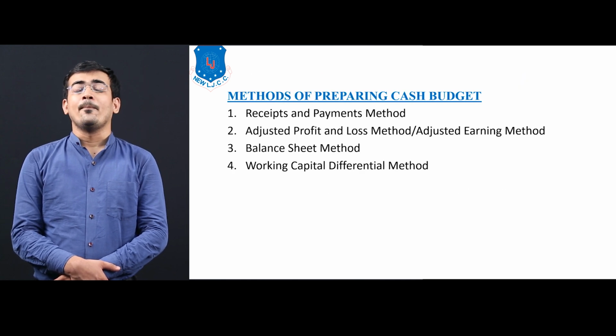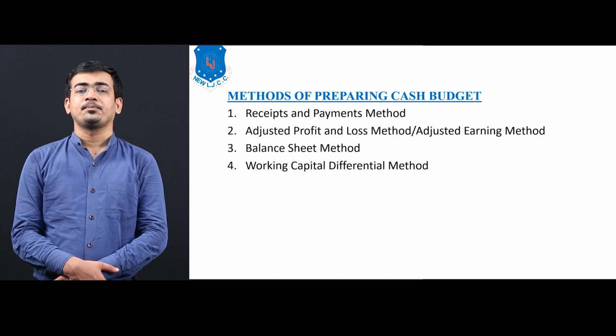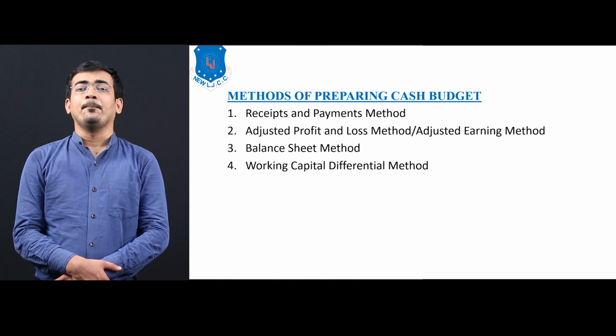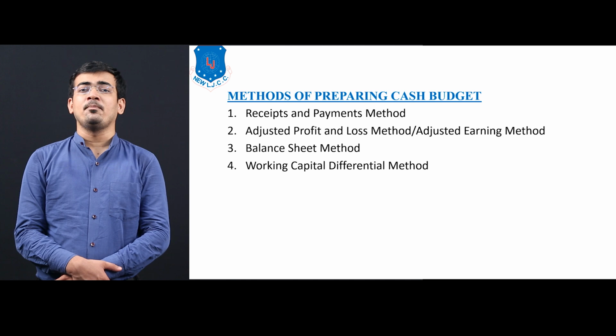There are also methods of preparing a cash budget. First is the receipts and payments method. It's a simple method. We add all the receipts to the beginning balance, that is the opening balance of cash, and we deduct all the payments actually made in cash. We will receive the closing balance of cash. This is as simple as add or plus.